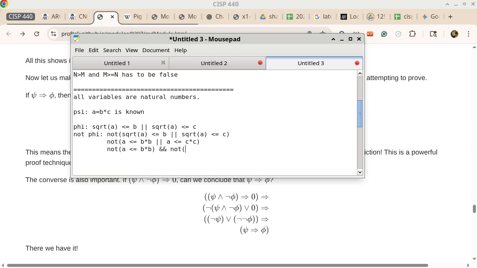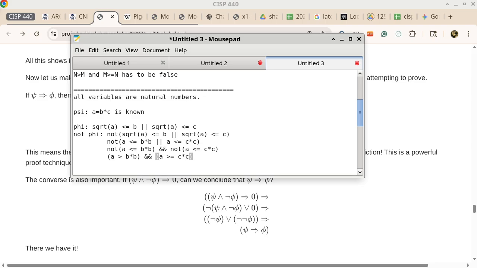Okay, so we look at this whole thing, and then we use and here because we have a conjunction with the negation of the other side, which is a is less than or equal to c times c, like so. But instead of saying it is not the case that something is less than or equal to something else, why not just say a is greater than that, right? So that's the same as saying a is greater than b times b, and a is greater than c times c.